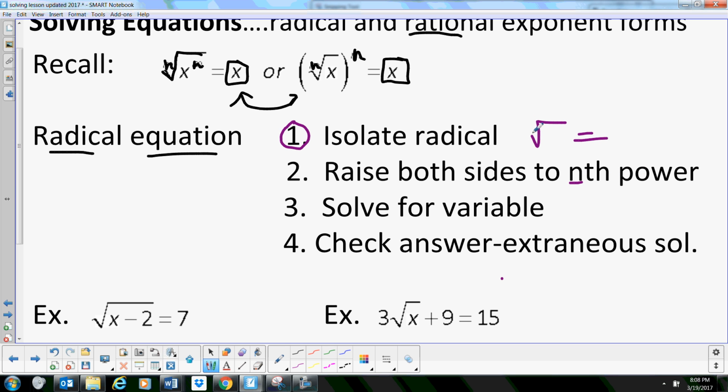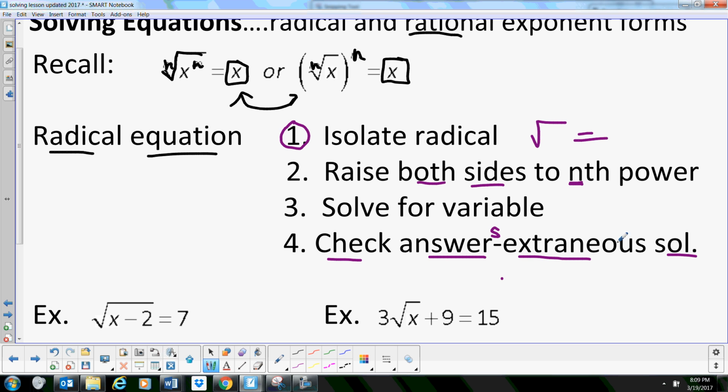Or if it's a cube root, we'll raise it to the 3rd. So look at the nth power and raise both sides, because it is an equation, so you have to raise both sides of the equation to that power. And then that gets rid of your radicals in most cases. We are going to have 1 or 2 that's not quite the same, but for the most part, you can now solve for the variable. And then, as always, you want to check your answer, or sometimes it's answers, if there's more than one answer, to look for extraneous solutions.